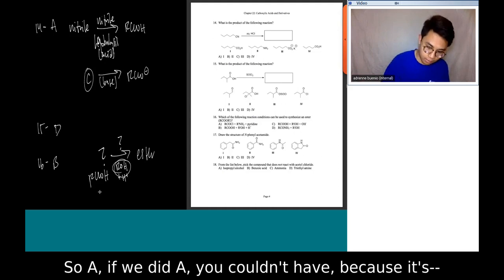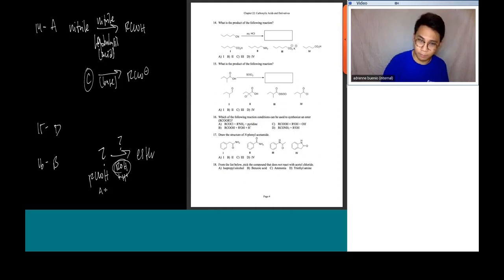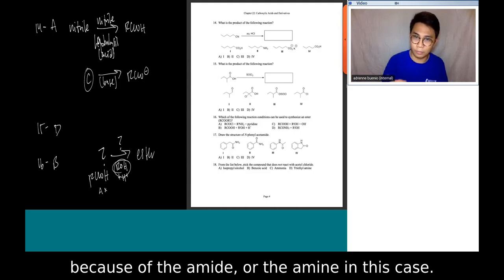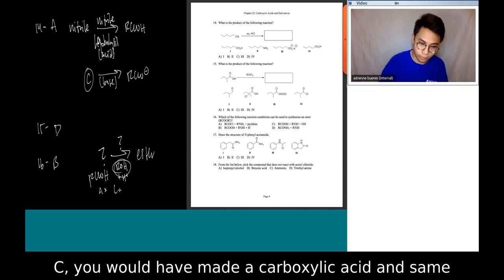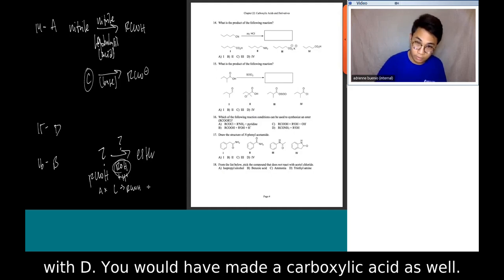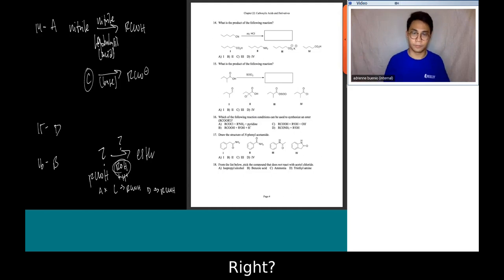So A, you couldn't have, because of the amide or the amine in this case. C, you would have made a carboxylic acid, and same with D, you would have made a carboxylic acid as well, right? So okay.